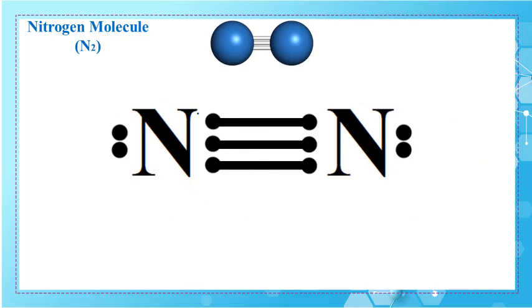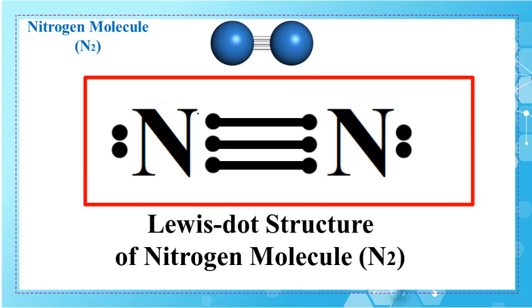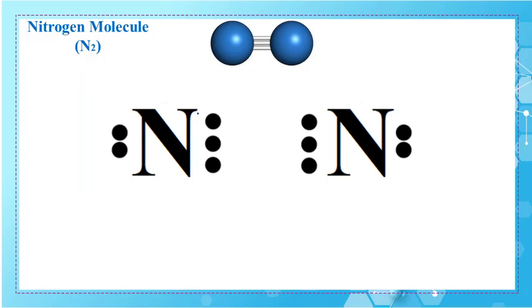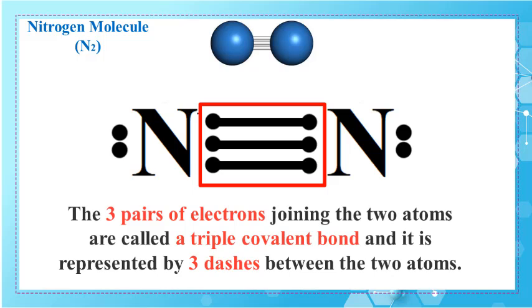So we'll get a triple covalent bonding. This is the Lewis dot structure of nitrogen molecule N2. And the 3 pairs of electrons joining the two atoms are called a triple covalent bond, and it is represented by 3 dashes between the two atoms.